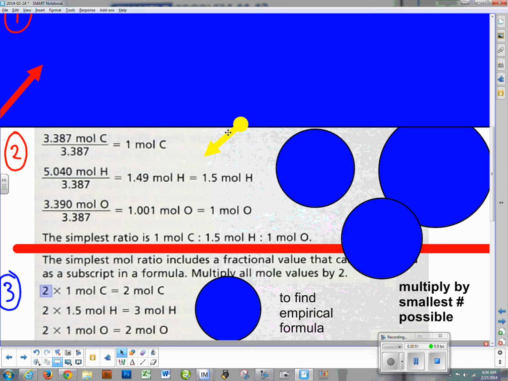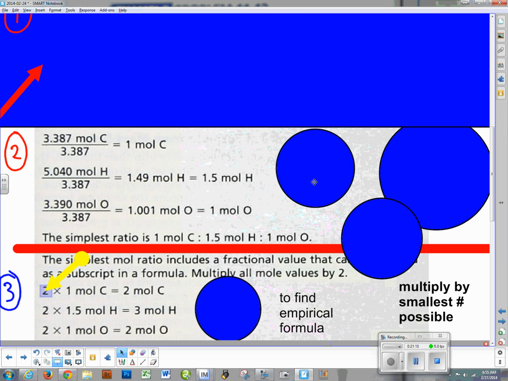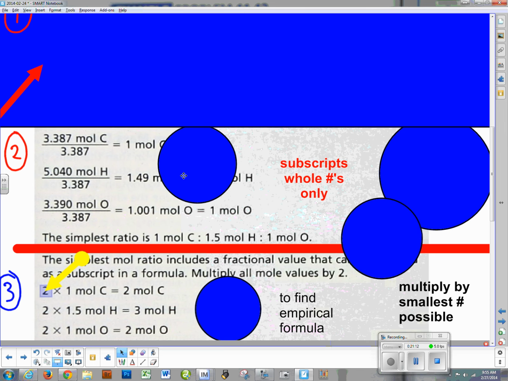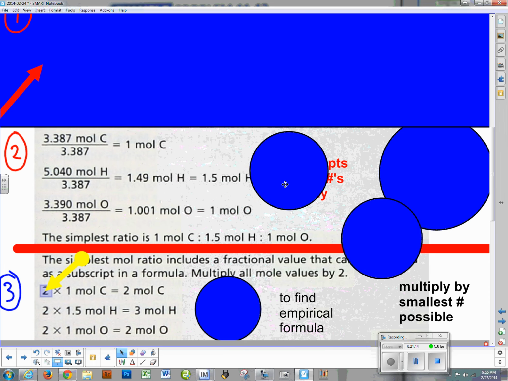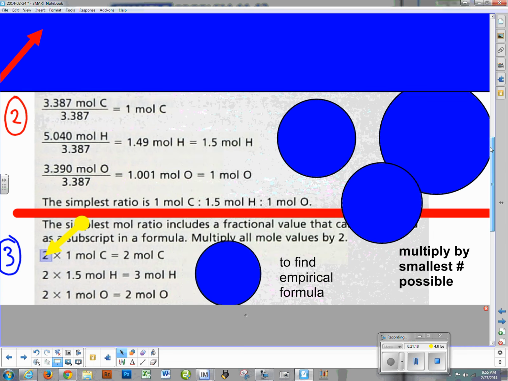It'll be 1 to about roughly 3. And so now you're in hot water because you've messed up your formula, and you're trying to get it to whole numbers. Simplest ratio, subscripts, whole numbers only. That was step number 2. That's what we were all about there. Now let's go down to step number 3.